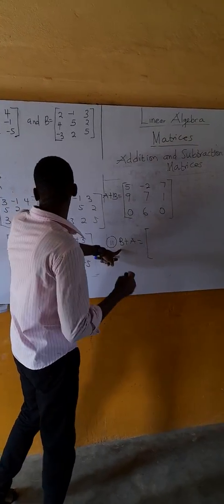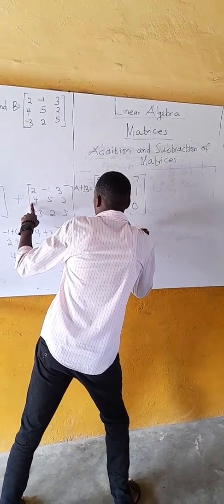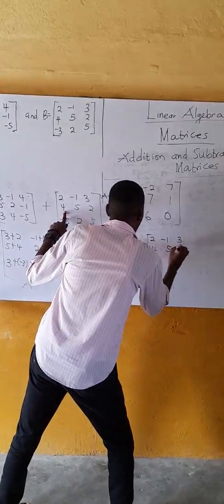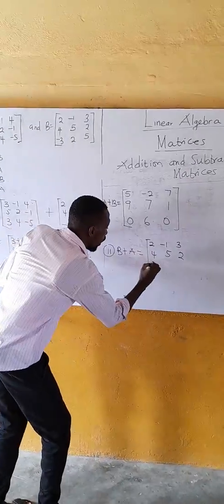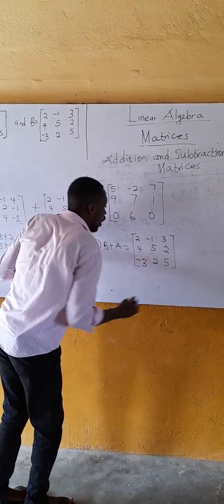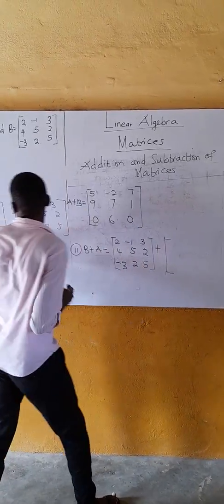So what's our B? Our B is 2, negative 1, 3, 4, 5, 2, then negative 3, 2, 5. That's our B plus our A. What's the A?